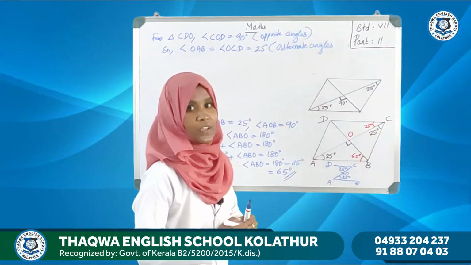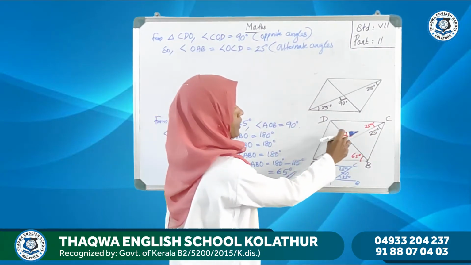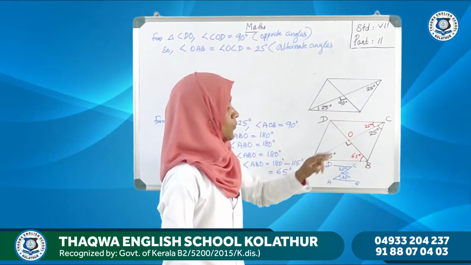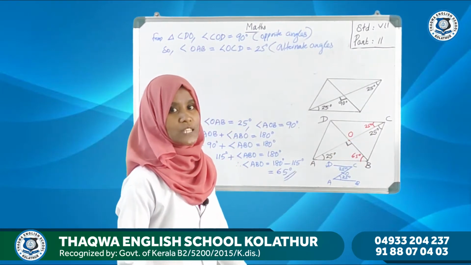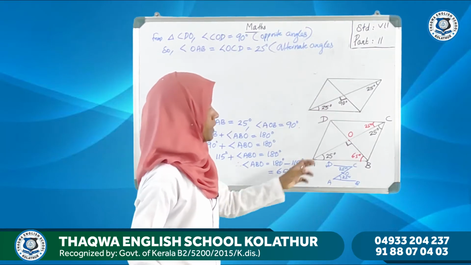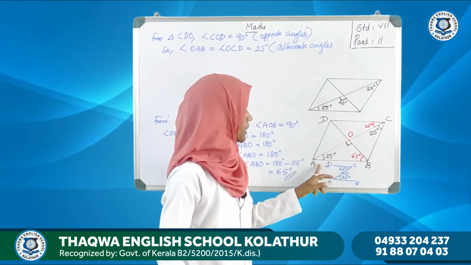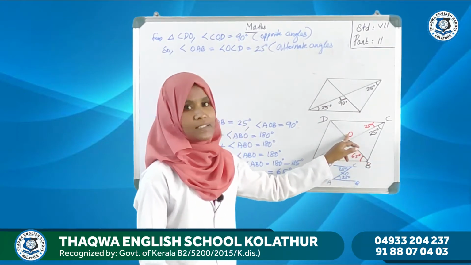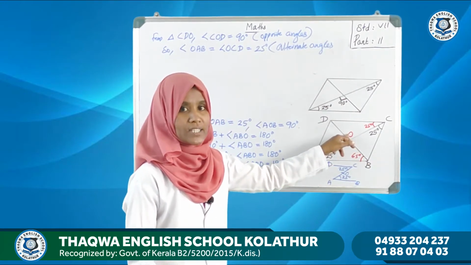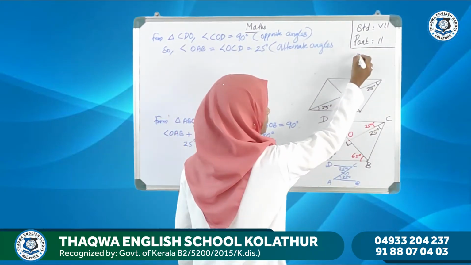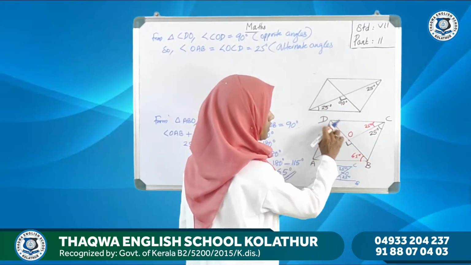Now next, we have to find out angle ODC or CDO. How can you say? Yes, angle CDO and angle ABO are the alternate angles.